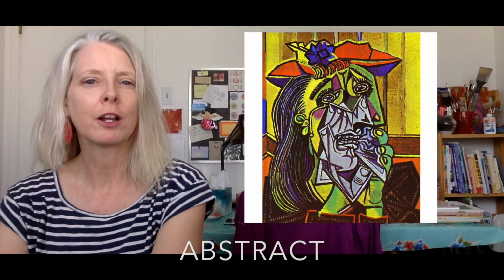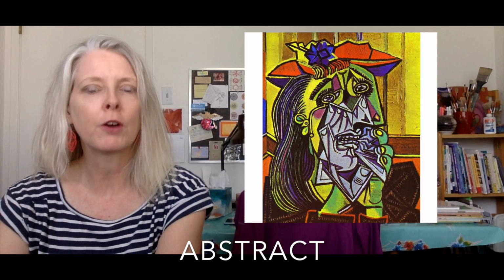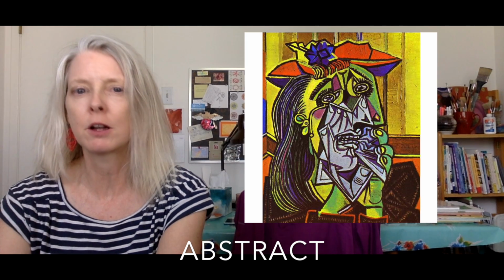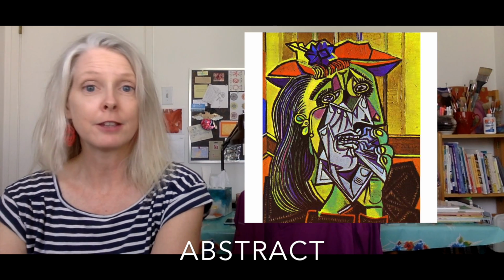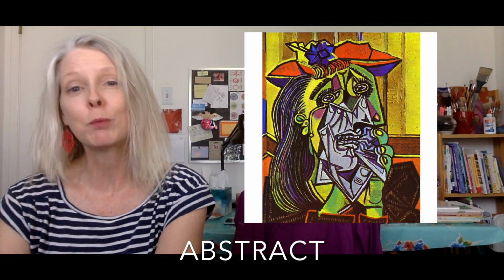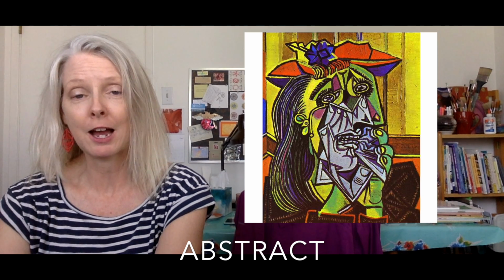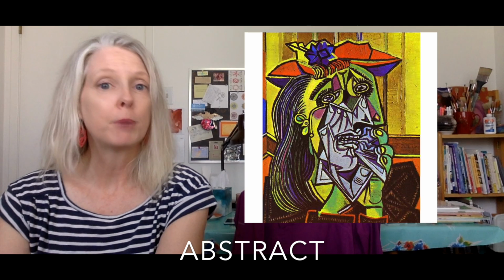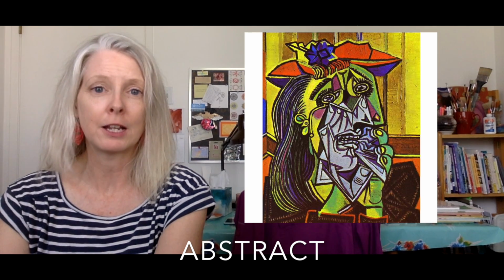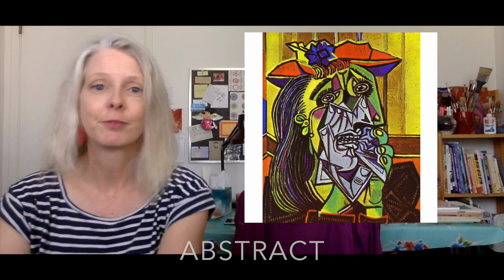And abstract art can be of something real, but the artist plays with shapes and lines and colors to change it so that it doesn't look exactly real. Like in this painting of this woman, it's called Weeping Woman, and you can tell that she's sad, she has some tears, and you can tell that it's a woman, but it probably doesn't look like a lady that you've seen walking down the street. At least I hope not.